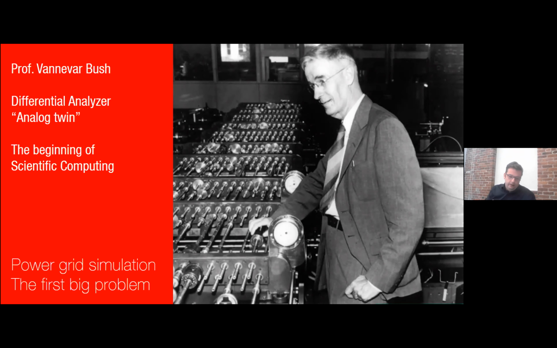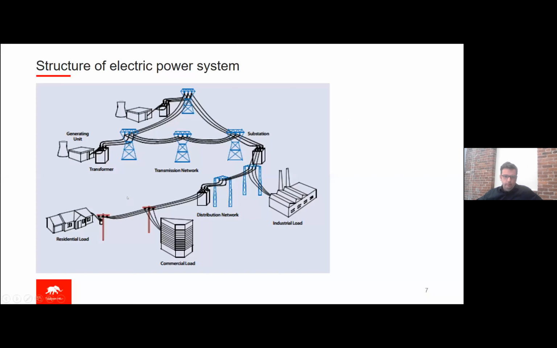So the pattern that I'm trying to isolate here is that when our civilization started building very complex power systems, the complexity started asking for new ways, new tools, and better numerical approaches to understanding, analyzing, and simulating the system.